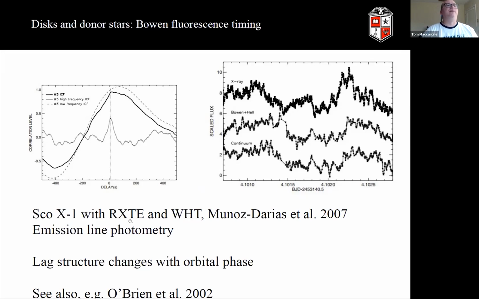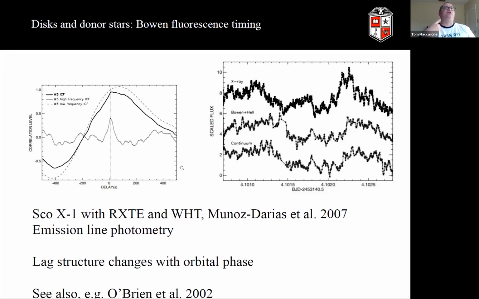Right, and so what they were able to do is to look at where the Bowen fluorescence is coming from. Now, they were able to find that there was a lag, and the exact details of the lag structure can help you map out where that Bowen and helium-2 emission are coming from. Now, they had to do this with an emission line photometry filter because of the sizes of the telescopes they had available at the time and the amount of time that they could get on them.